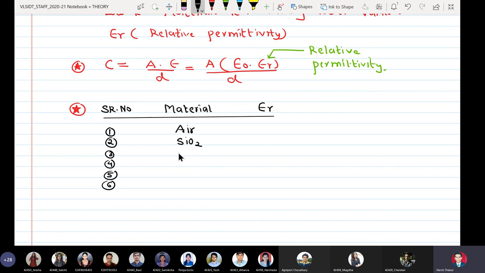Air, silicon dioxide, silicon nitride Si3N4, silicon itself, hafnium oxide, and we have zirconium dioxide. Okay, and the values: for air it is 1, for SiO2 it is 3.9, silicon nitride it is 7.8, silicon it is 11.7, hafnium it is 20, and zirconium it is 23.